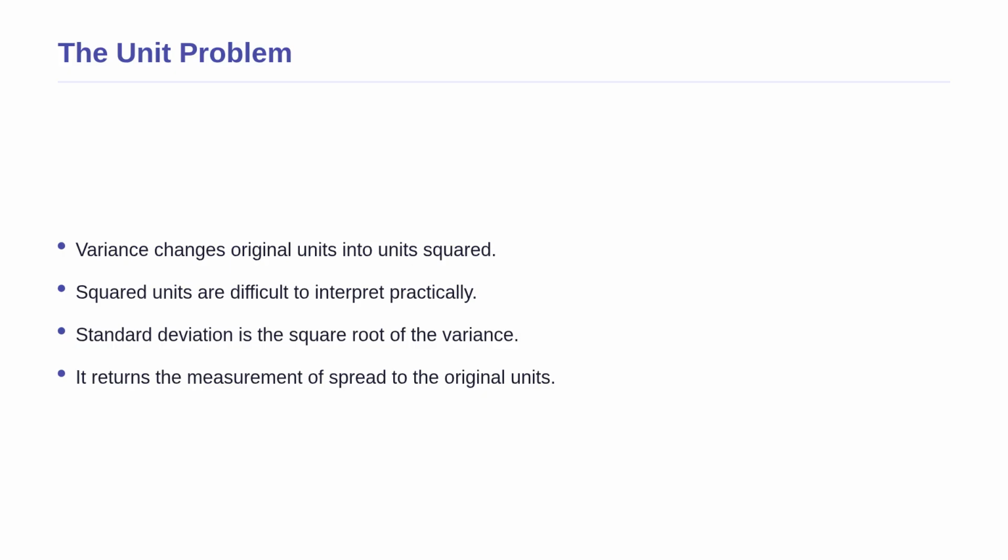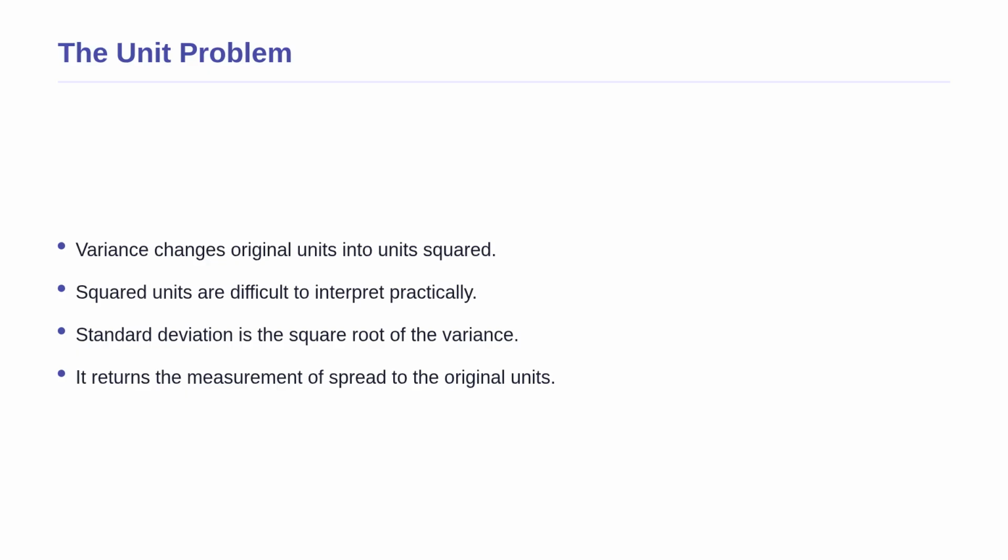While variance is mathematically highly useful, it introduces a significant practical issue. Because variance squares the differences, it also changes the units of measurement to units squared. For example, if you are measuring plant height in centimeters, your variance will be in square centimeters, which can be hard to interpret.